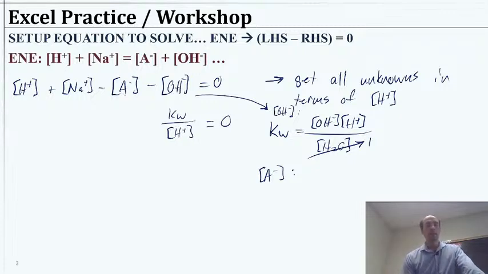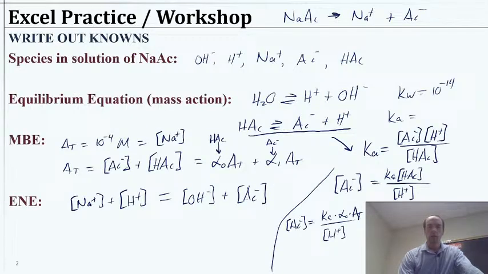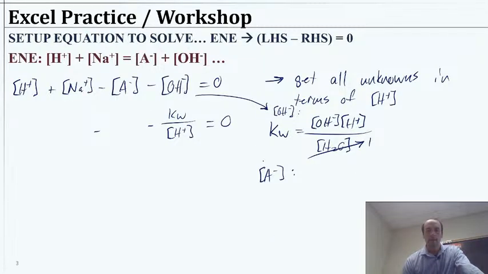So in this portion here, we can take that substitution. And I'm going to flip back and forth so I get it all in the same spot. We said that's the equilibrium constant times alpha 0 times A total divided by H plus.